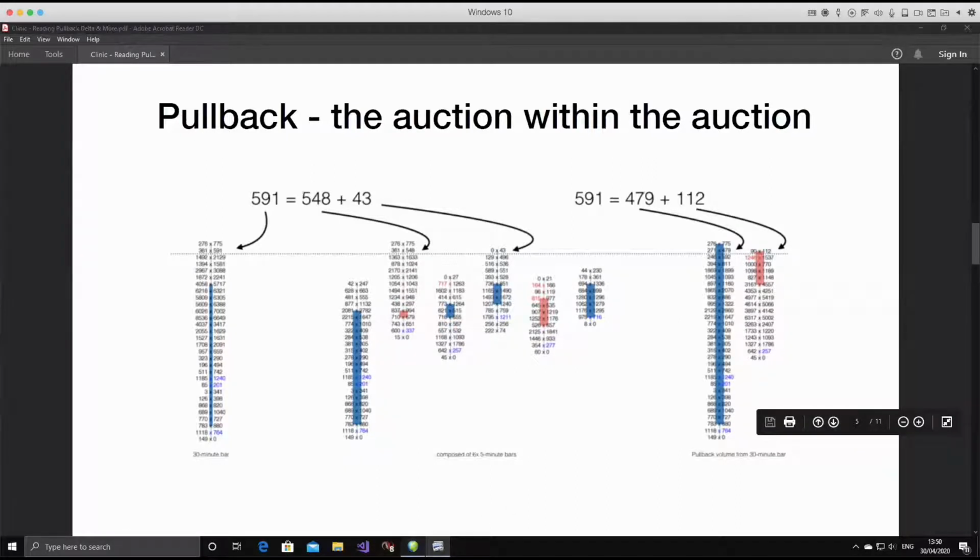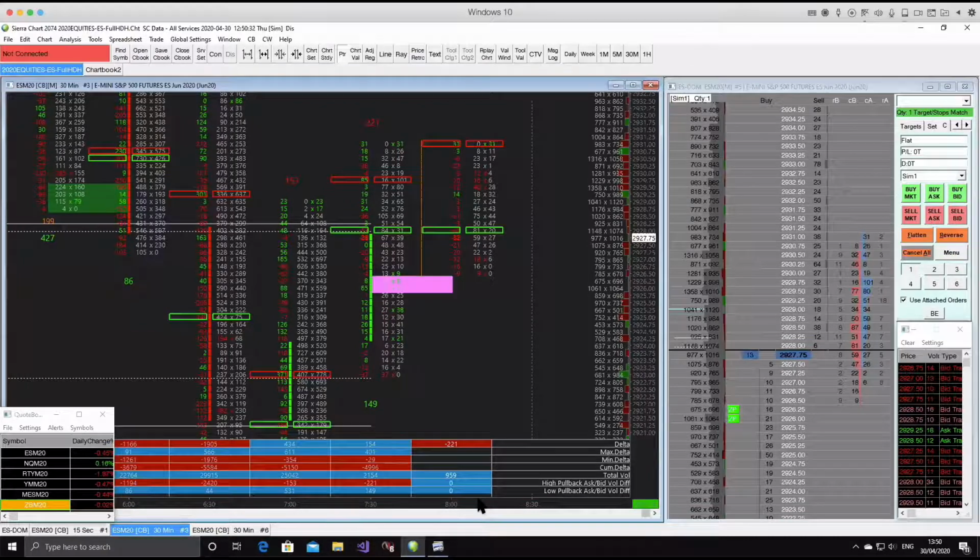Now in Sierra Chart, what we can do is, and this is why we tell the platform to store the historical pullback data, in this table down here we've got the high pullback delta, ask bid volume difference, and the low pullback delta. We can actually display this in a couple of ways.